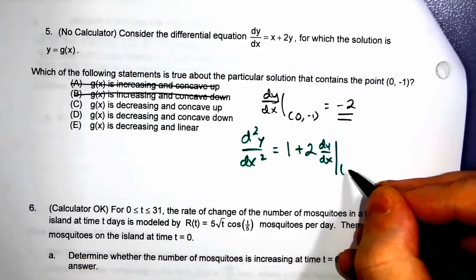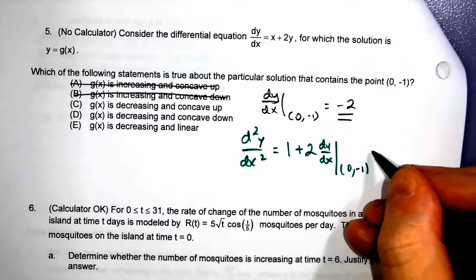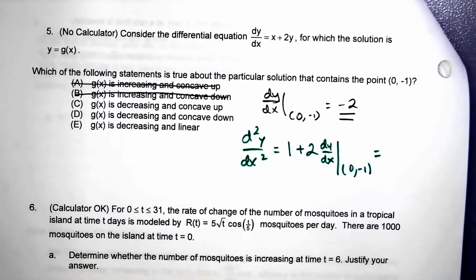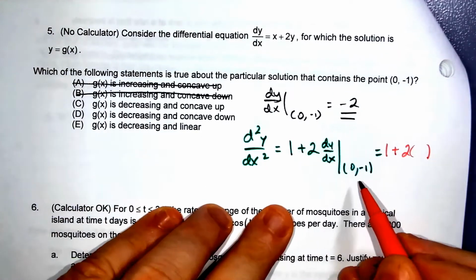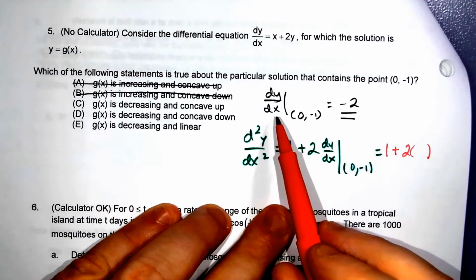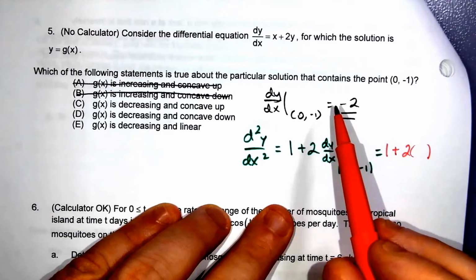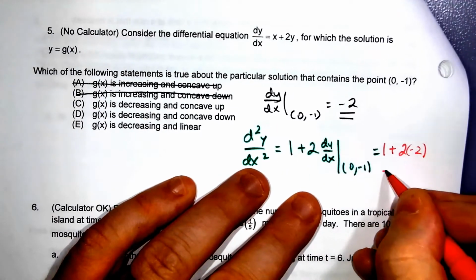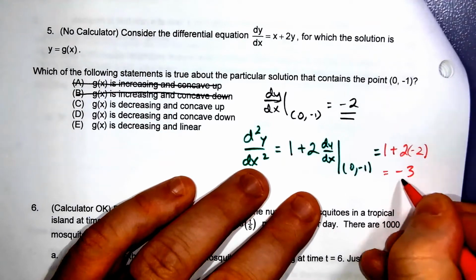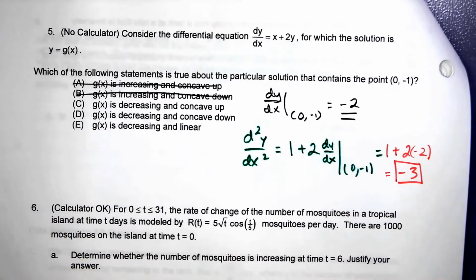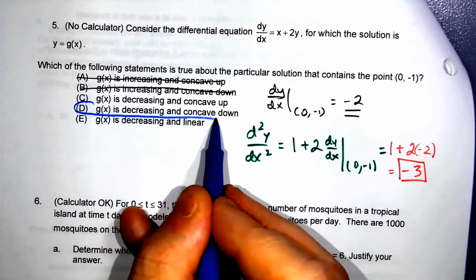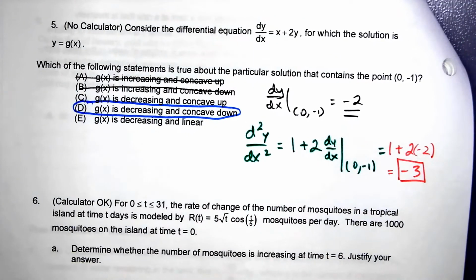So if I evaluate that at 0, -1, notice there is no x and there is no y, but there's a dy dx: 1 plus 2 times, and as we found out in the first part, the dy dx was actually equal to -2 at 0, -1. 1 minus 4 is -3, and so the second derivative is negative, meaning we are concave down. So decreasing concave down means the correct answer to this problem was answer choice D.